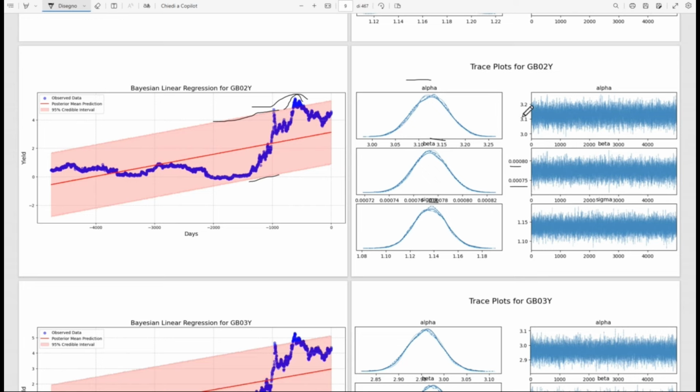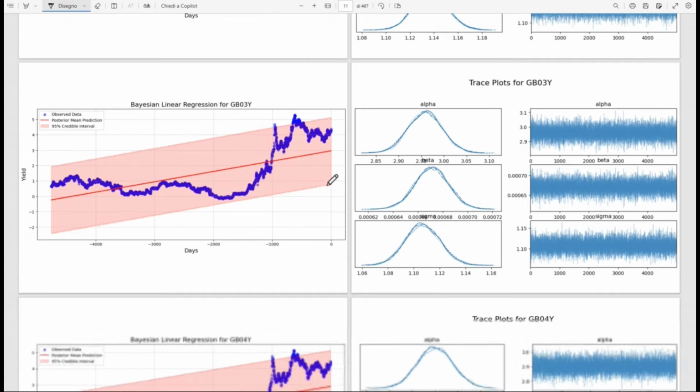It all works between these values, the alpha, and we see here what the density is. It's in two shapes, the curve and the horizontal density of the alpha, beta, and sigma parameters.